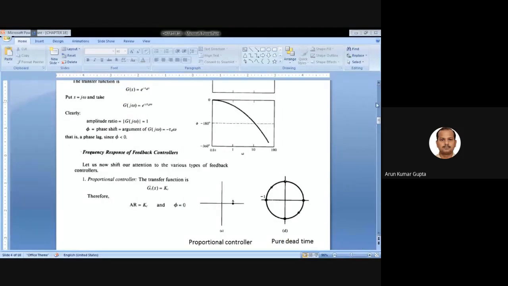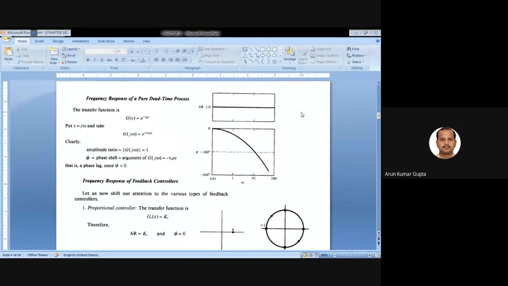So next we have the frequency response of a pure dead time. We have already done that in Coughanowr also, but just for revision I am putting it before you. The pure dead time system is G(s) equal to e to the power minus tau_d s.